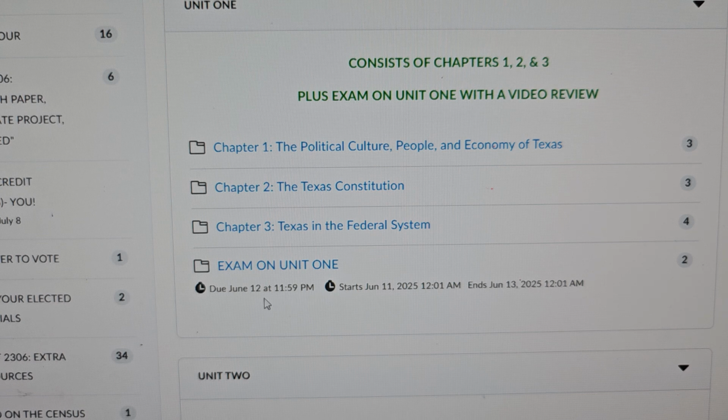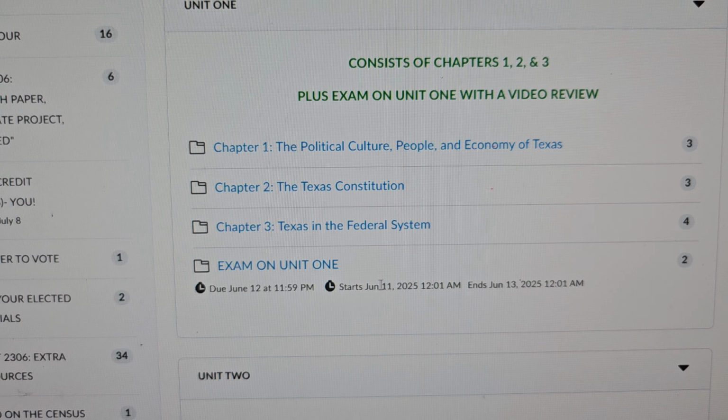Whenever the exam is activated, for example, here on Unit 1, the exam on Unit 1 is activated on June the 11th, and then it's due by June the 12th before midnight.